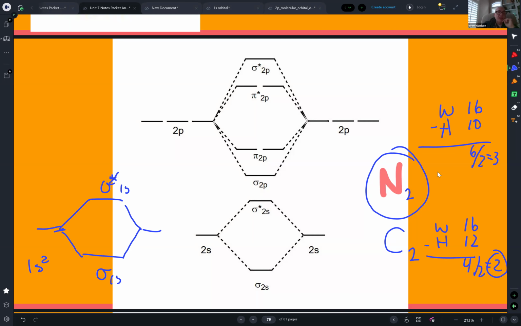What the regular sigma means is it is a bonding electron. But if I have antibonding, 2 electrons are going to push against one another. 2 of them want to bond, 2 of them don't. They cancel each other out.